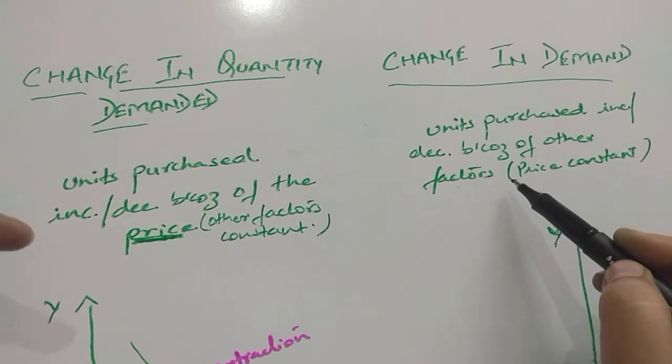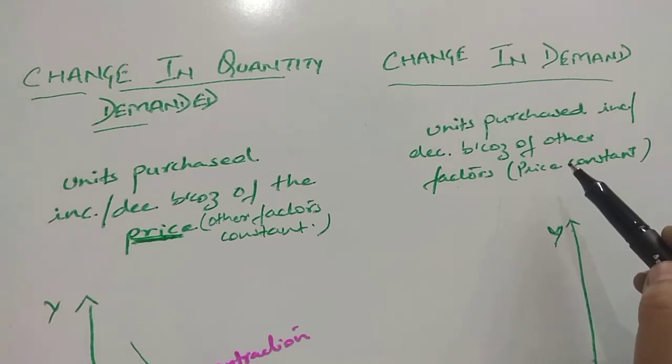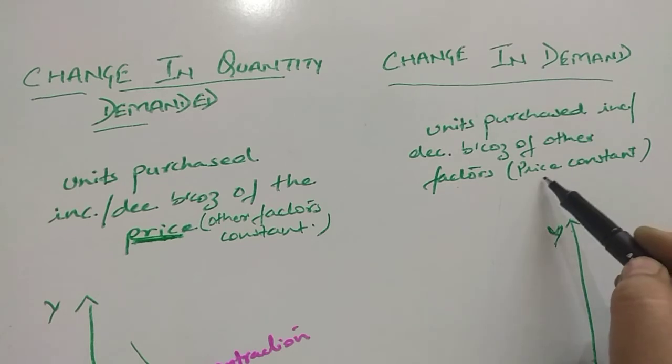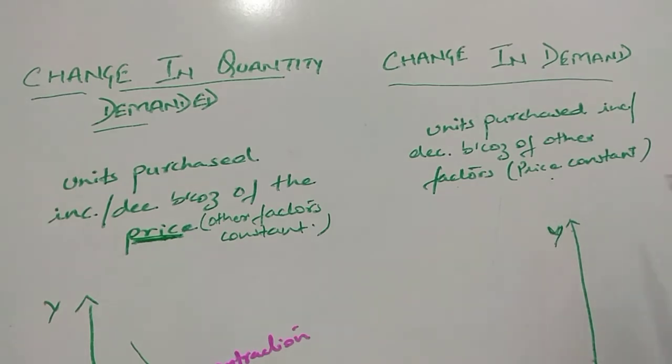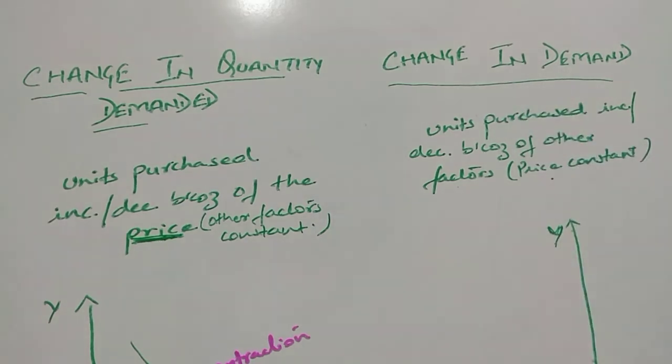When the other factors are changing, then the units purchased will increase or decrease. Here, one thing you have to keep in mind is that the price of the commodity will remain constant. The price will not change. So this is called change in demand.